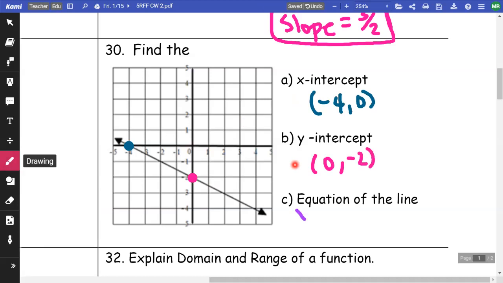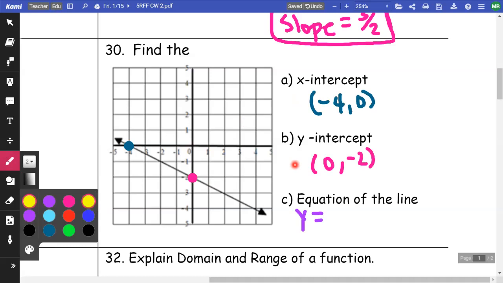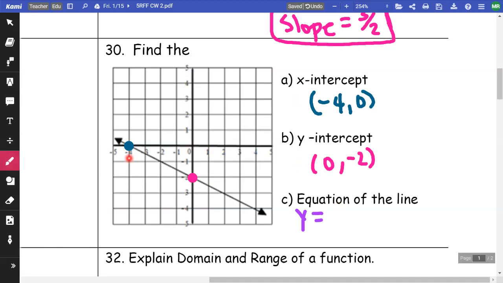So my equation is going to be y equals, and I need to find my slope. To find my slope, I am going to come down 1, 2 over 1, 2, 3, 4. So again, this is 2. This is 2, and I actually went down 2 if you want to put the negative there, and this is 4.